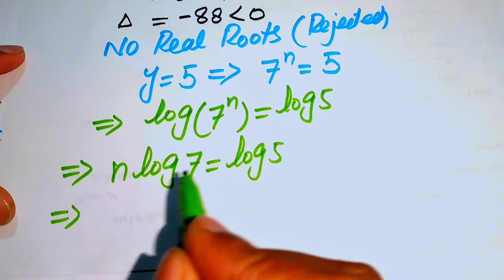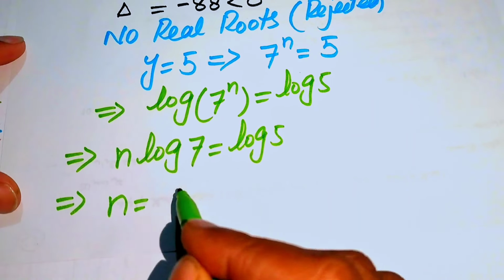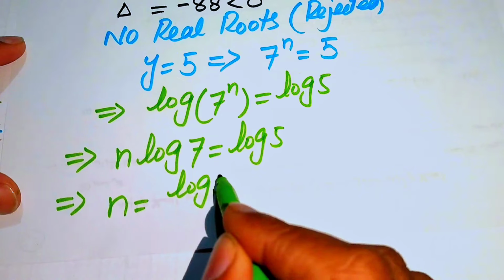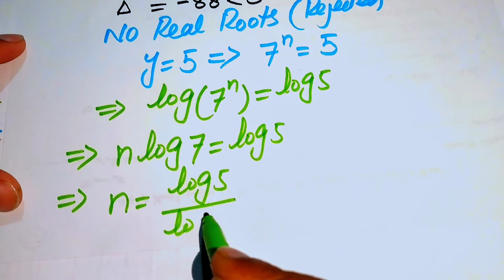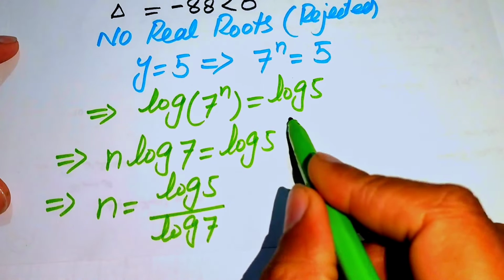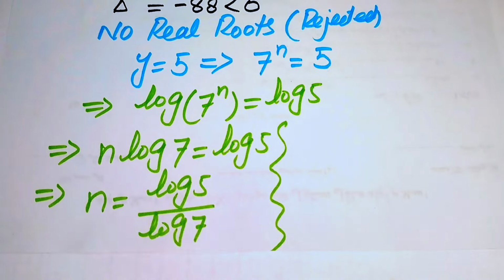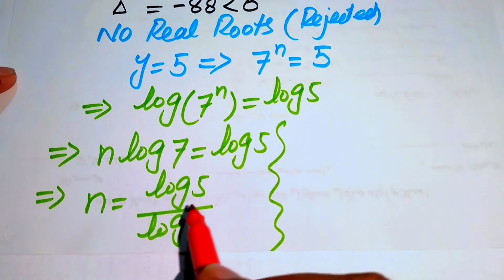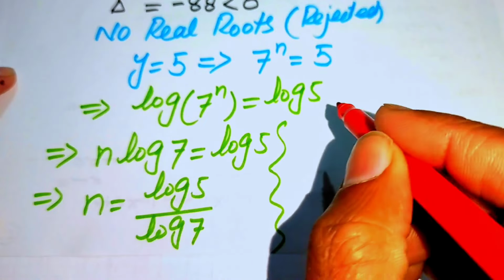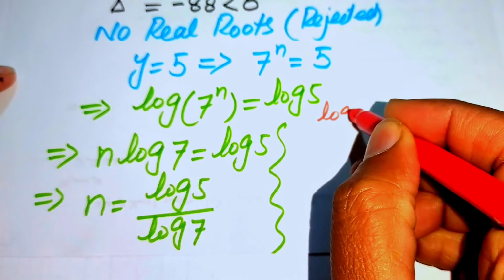Here we move this log 7 to the right hand side, and it is written as log 5 divided by log 7. In the next step we use the calculator to find the values of these logs, and you can easily find the values of log 5 and log 7.